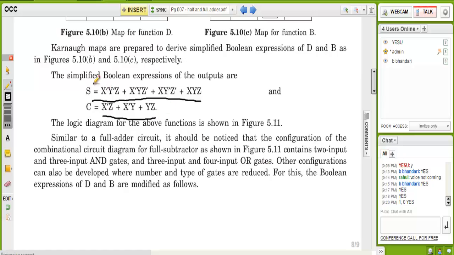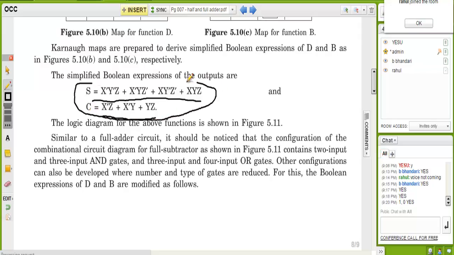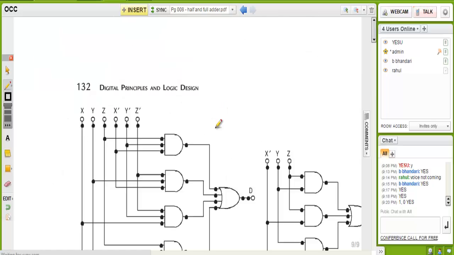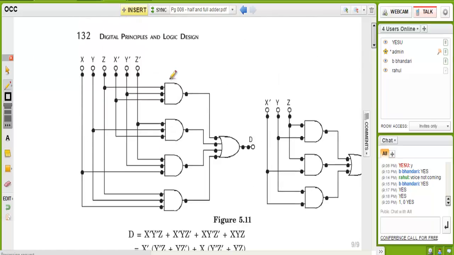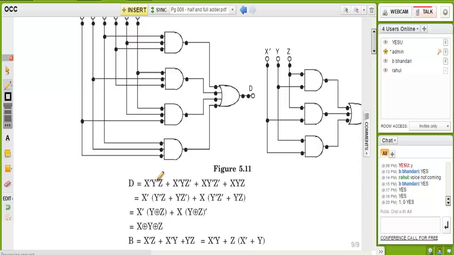Okay, now from this equation we have to implement our logic circuit. How is it possible? See, in this way it will be possible.